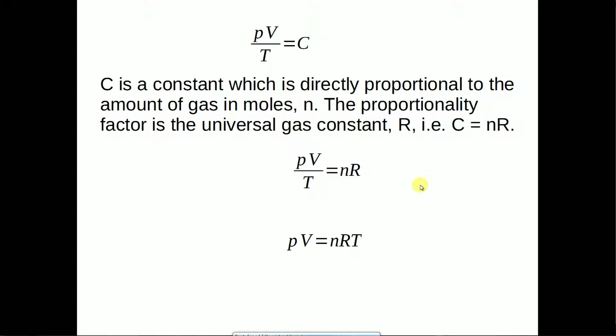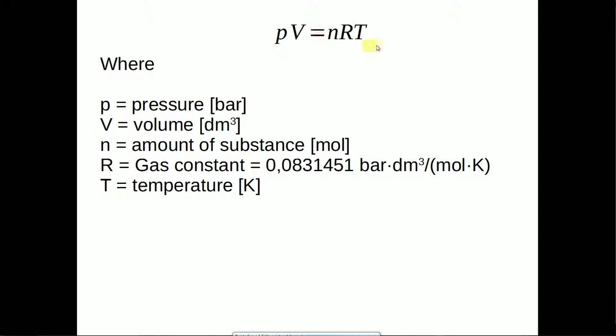You can see the units here. Notice that the unit of pressure is in bars.